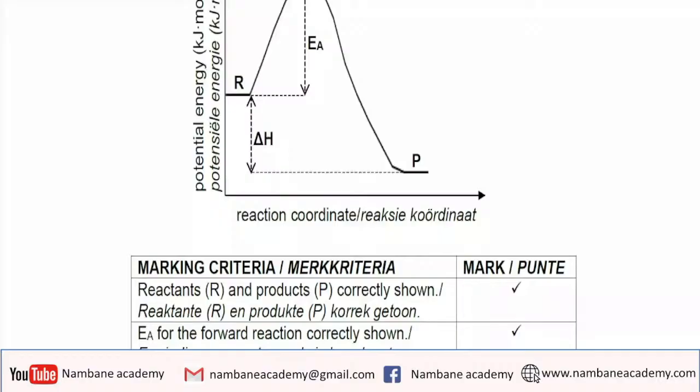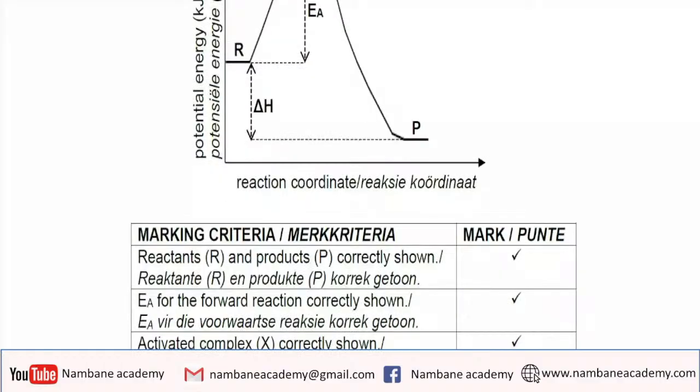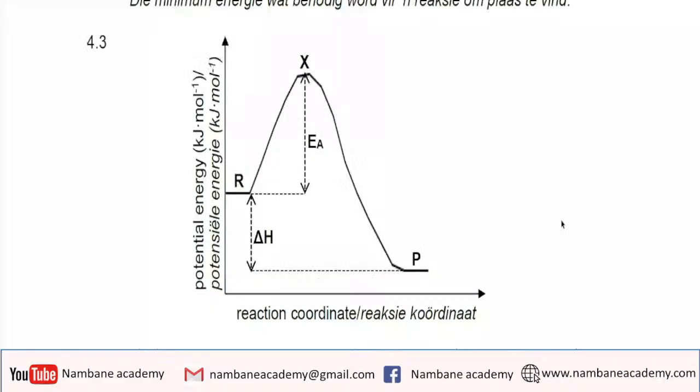And then the last one will be for the correct shape, where the energy of the reactant is greater than the energy of the product. So that will be the fifth mark for 4.3, which is the graph. And please, for the delta H, do not give a mark if it is left there without showing the distance.